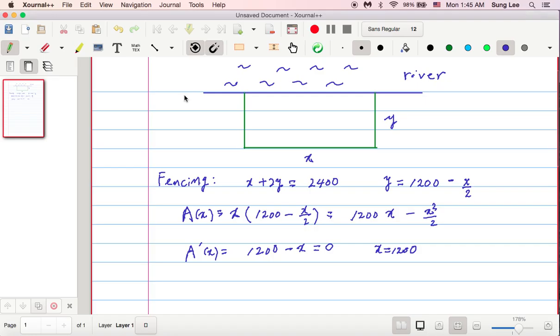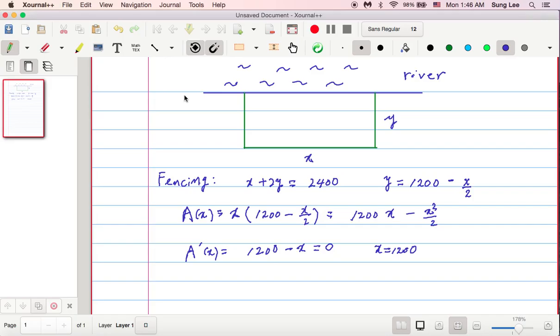All right. Now we have a question. By setting A prime of x equals 0, you find the critical point. But how do we know that that x value in fact gives rise to a maximum value of A of x, or in other words, the largest area?